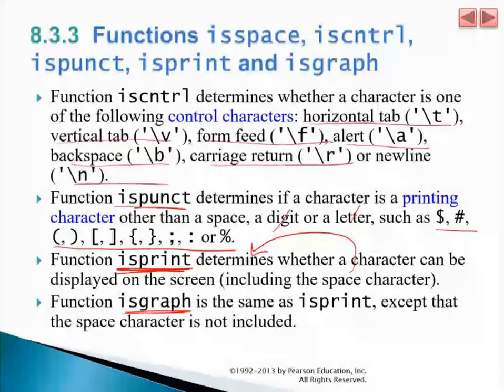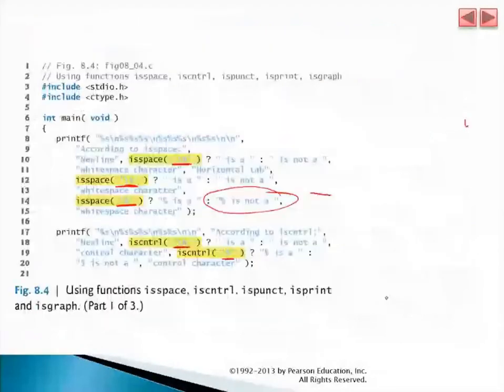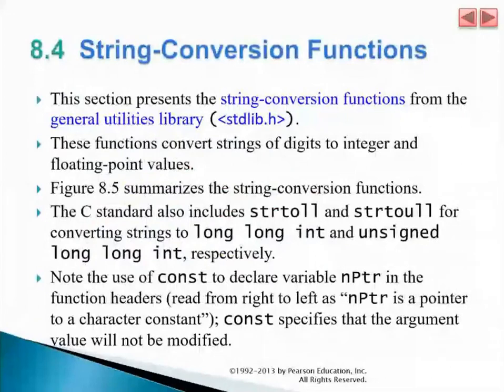Okay. Now let's see something about string conversion functions. String conversion functions are mentioned in stdlib.h. These functions are mainly responsible for converting a string of digits to integer and floating point values.